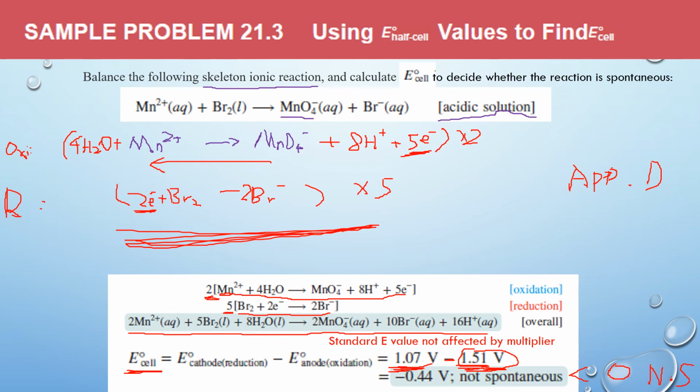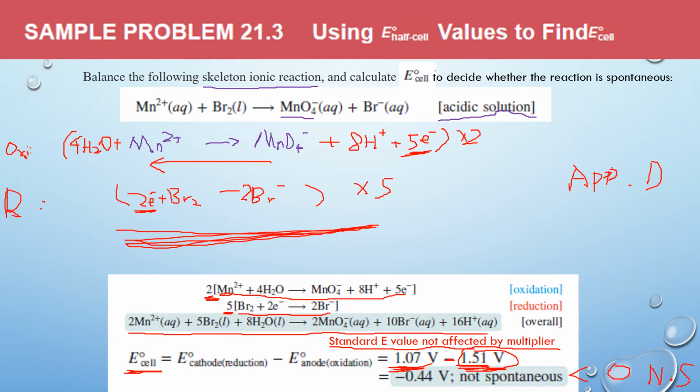When we change the coefficients in these two half reactions, the standard cell potential values are not affected by this multiplier. Although we multiply by 2 here and by 5 here, we don't multiply this half cell potential. We still use that.